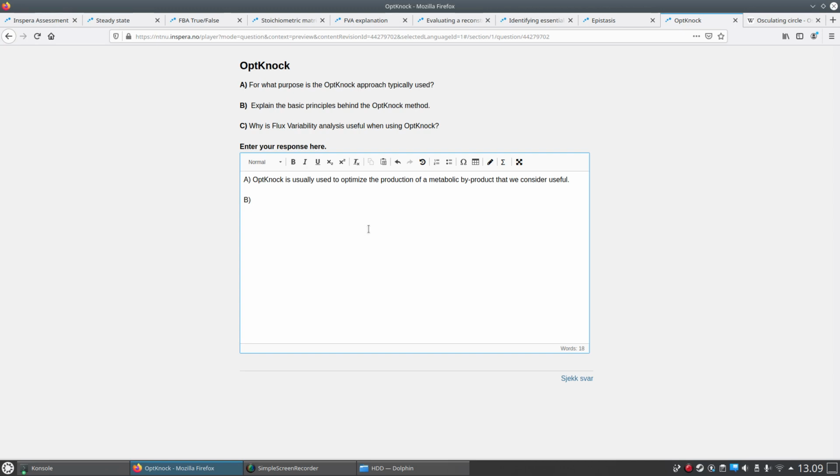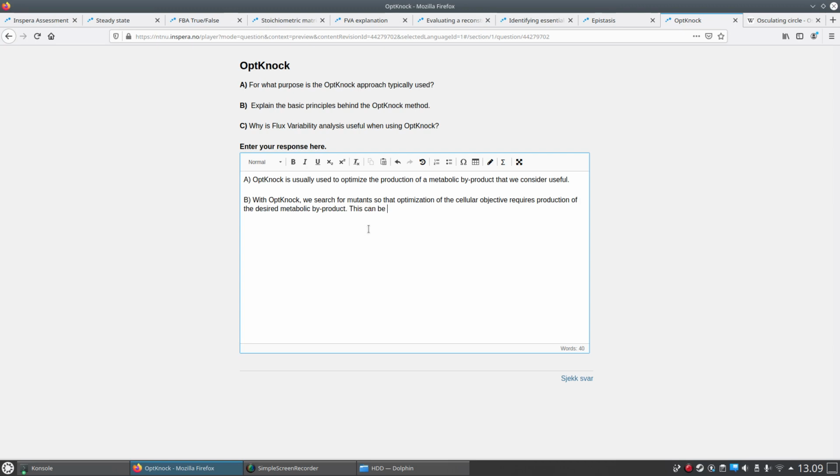So in OptKnock, we search for mutants so that optimization of the cellular objective requires production of the desired metabolic byproduct.